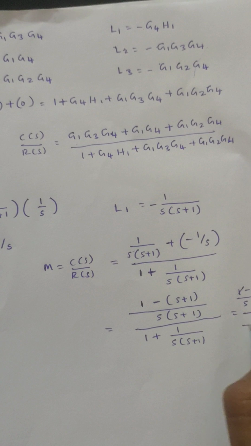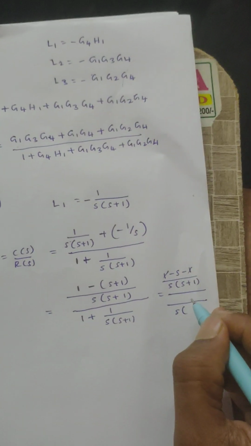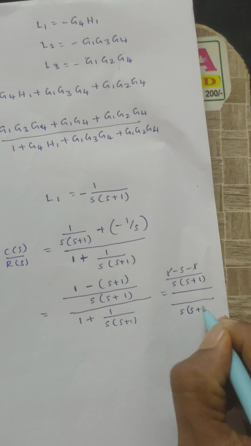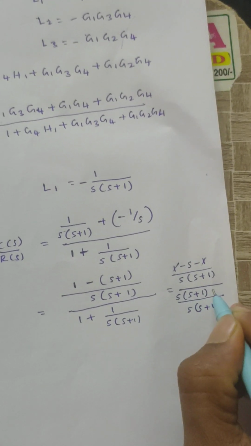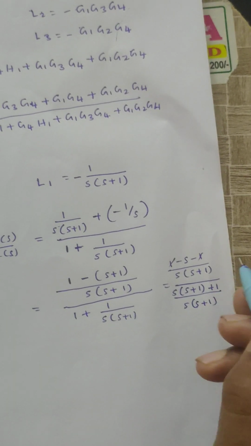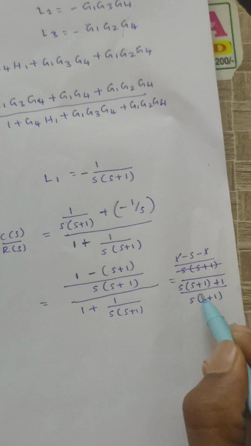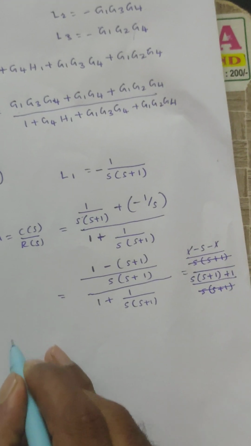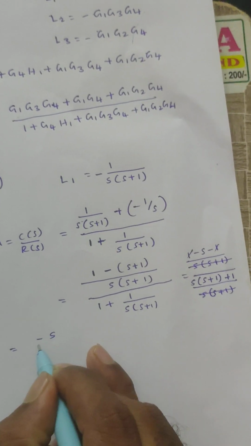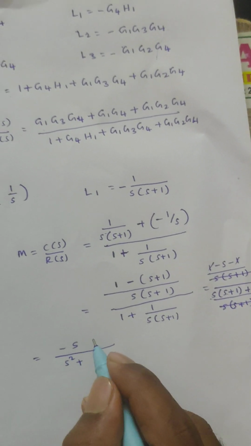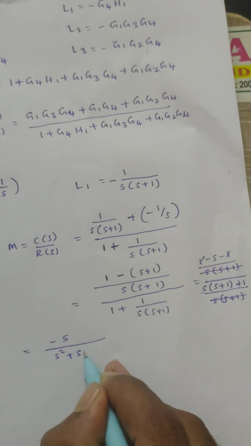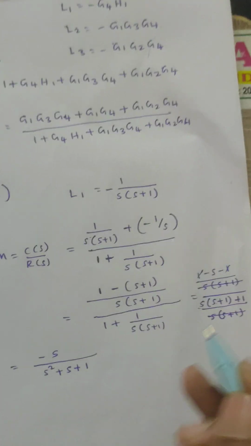The denominator also has LCM S into S plus 1, right? In the numerator we get S into S plus 1 plus 1, right? Here S into S plus 1 and S into S plus 1 will be cancelled, then the resultant value will be minus S by S square plus S plus 1 is the answer.